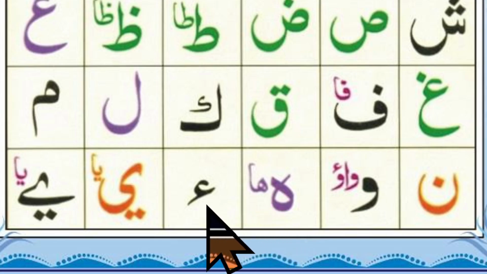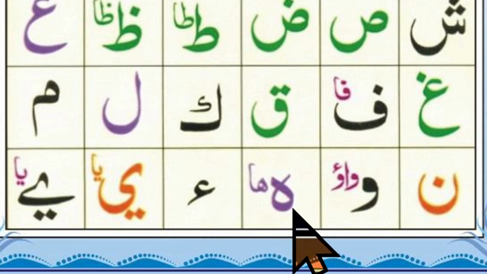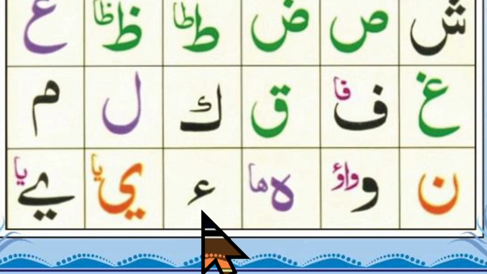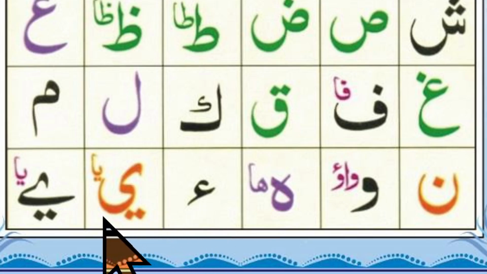Then Hamza. Hamza is the name of the uncle of the Prophet Muhammad, peace be upon him. So to remember it easily, you can say Hamza. And then both are the same, Ya, Ya. These are both called Ya, as I mentioned before.